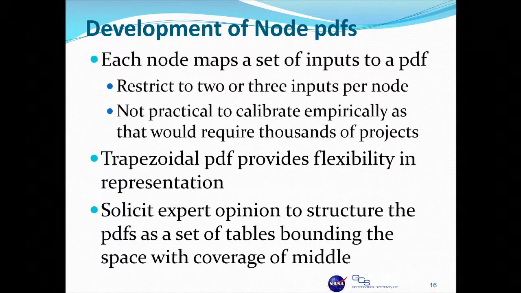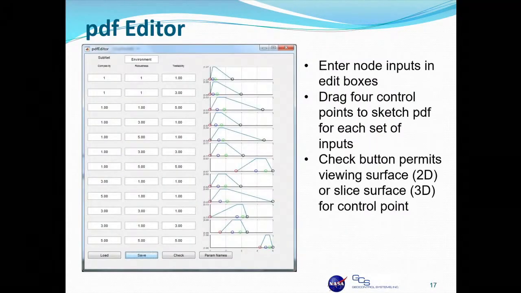So instead, we do it using expert opinion. So essentially what the network is doing is allowing us to capture knowledge from people that have a lot of experience. And the way that we capture the knowledge is using a simple PDF editor.